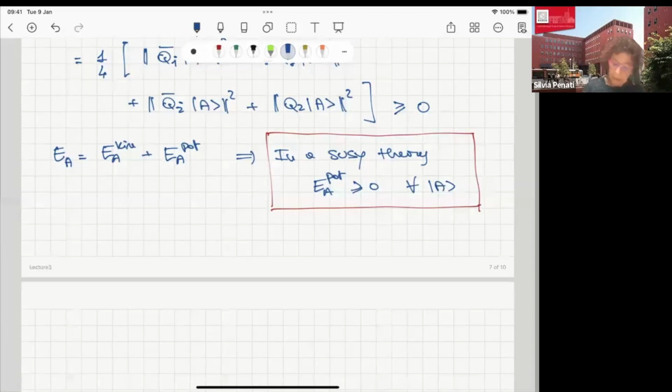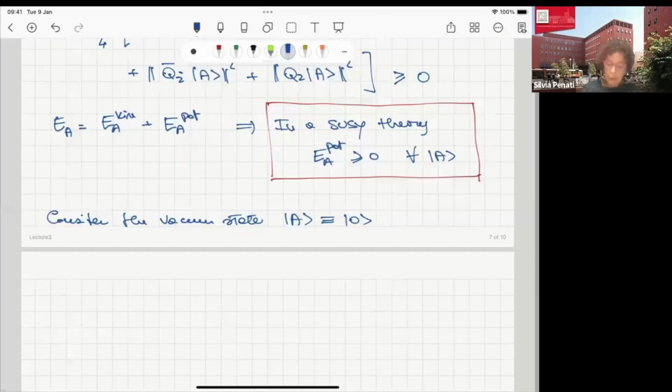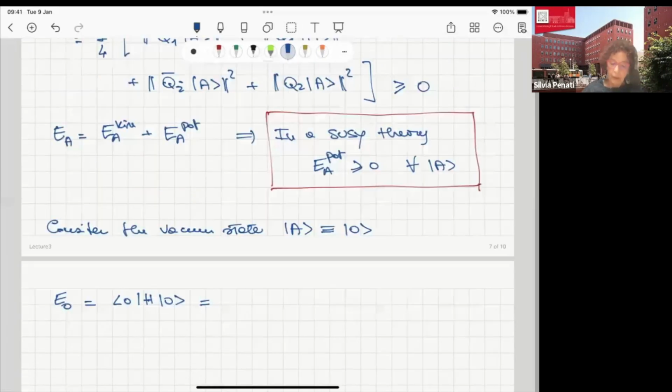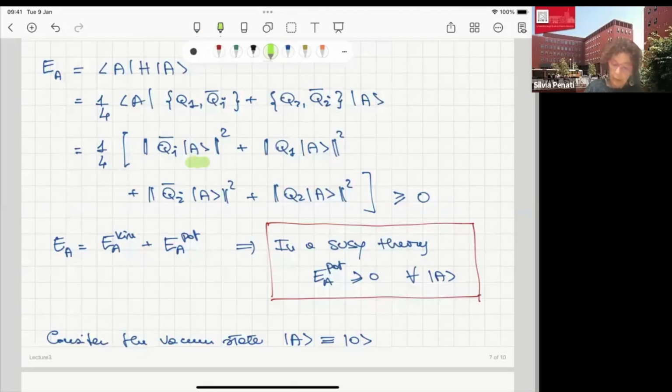In particular, if we consider the vacuum state, what happens if we compute the energy of the vacuum state? Let me call it E0. You basically redo exactly the same calculation, but you have to substitute A with the vacuum.